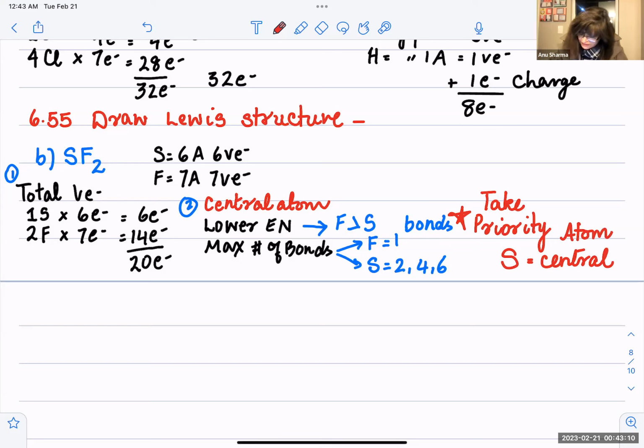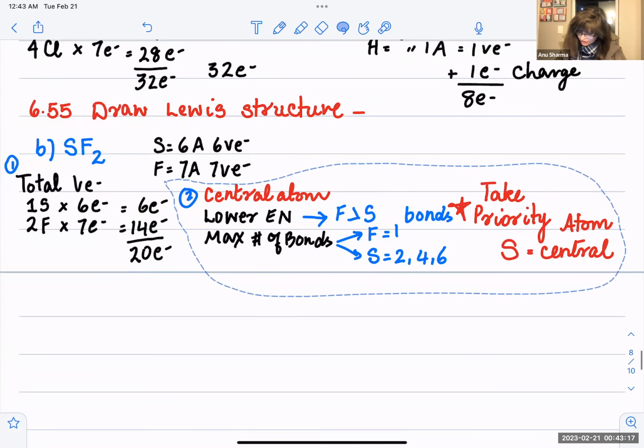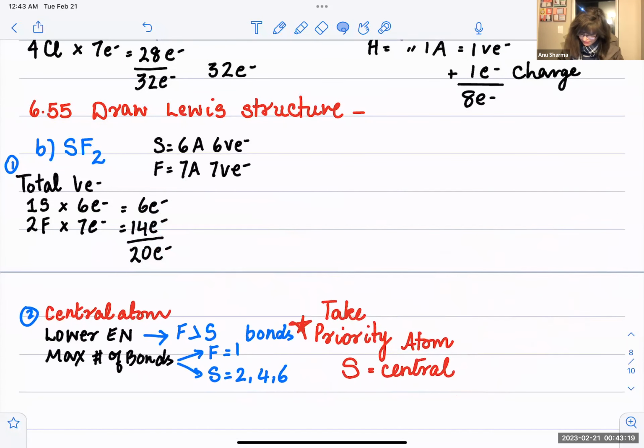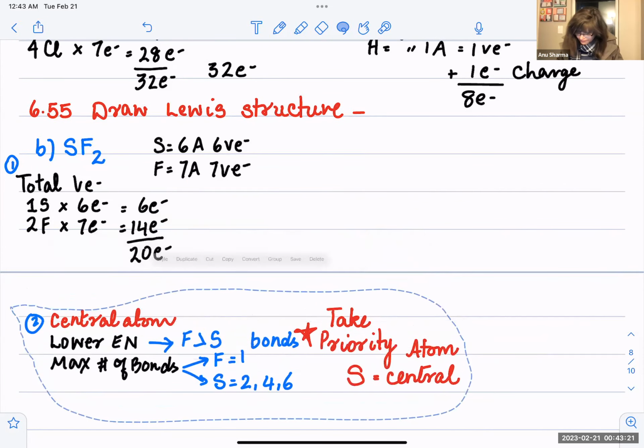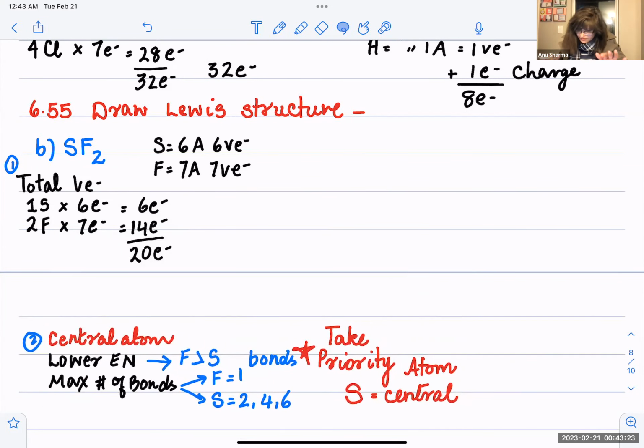Okay, let me just move this a little bit here because I don't want this to be cut. All right, here we go. And this piece also should come here.